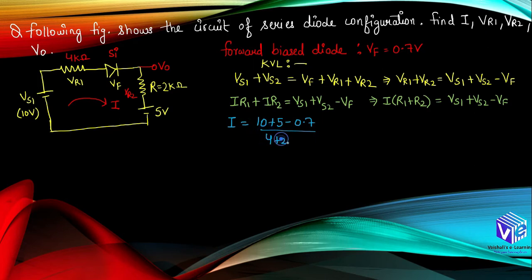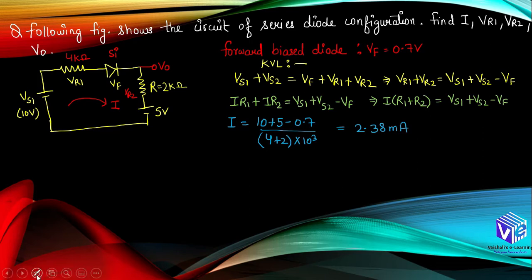So I can represent it as 4 plus 2 into 10 raised to power 3 ohm. This is how I can represent the current. Now you can simplify it and find the current to be equal to 2.38 milliampere. I am leaving it to you: pull out your calculators, do the calculation and find the current.